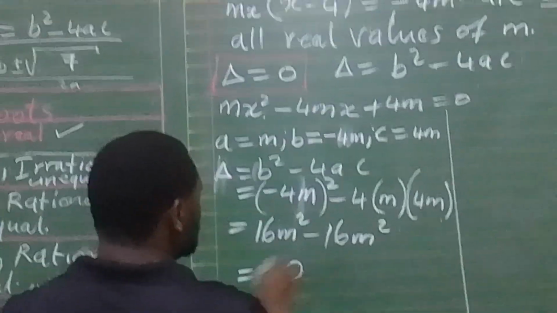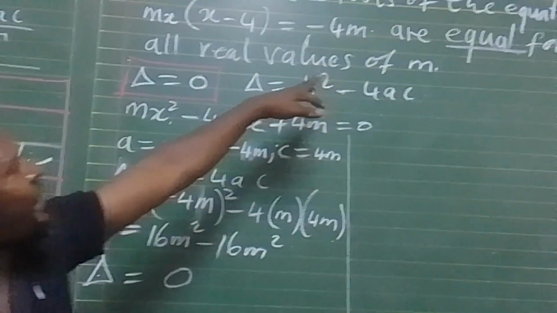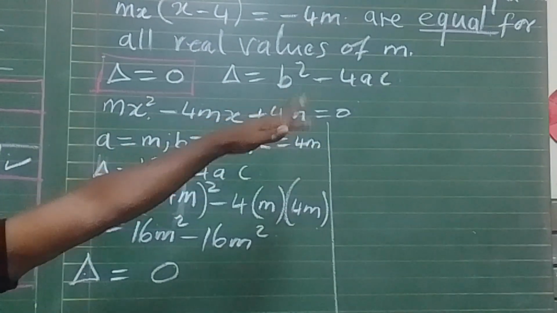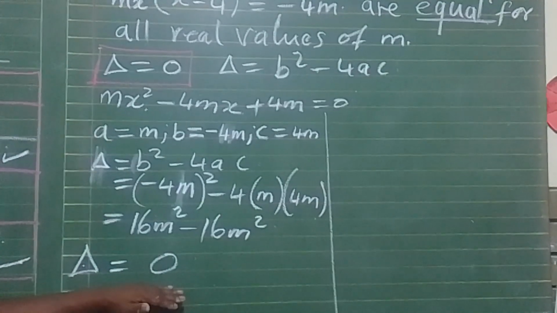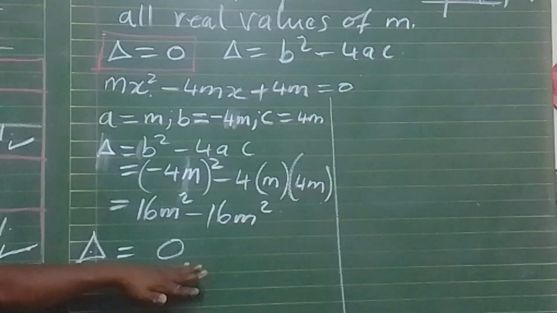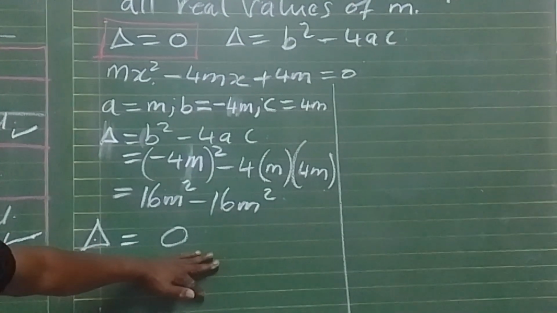Voila! The discriminant is 0. Then you have proven that this is going to have equal roots. The equal roots, and they are real. And the other one, it's equal. The other one, it's rational.